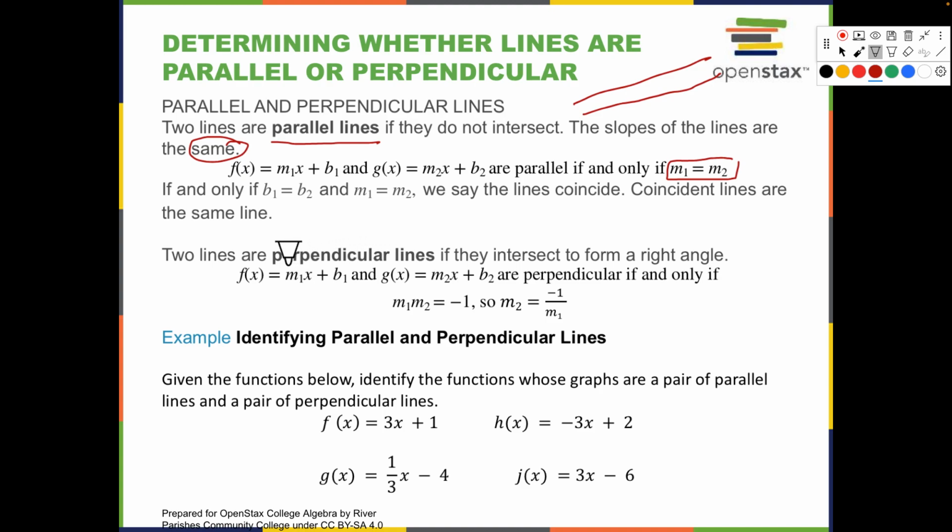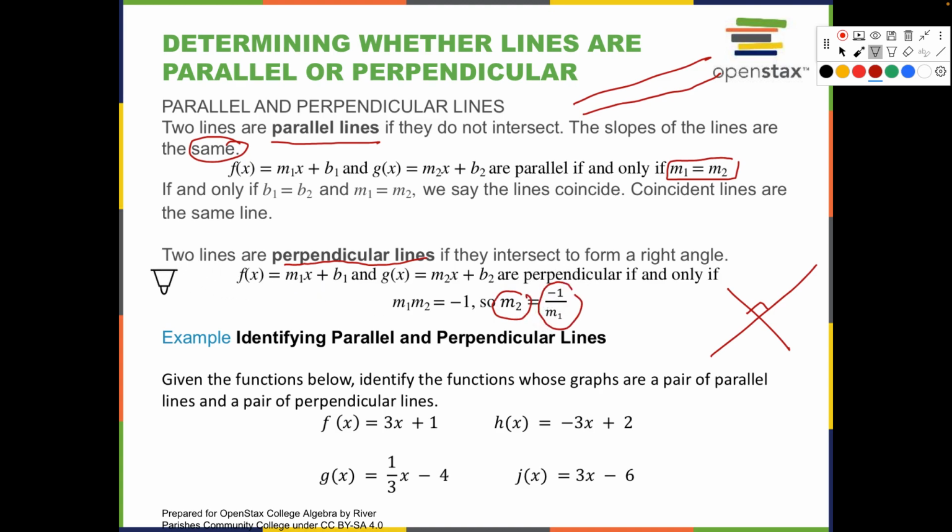If you're told that two lines are perpendicular, that means they will meet at a right angle. So when they cross each other, that's a 90-degree angle. Those are kind of important lines at times. The only way that can happen is the rise and run switch places. So if you know the slope of one of them, the other slope is going to be the negative reciprocal.